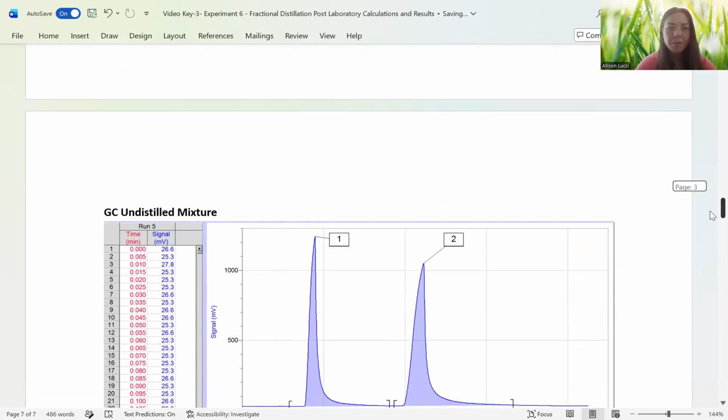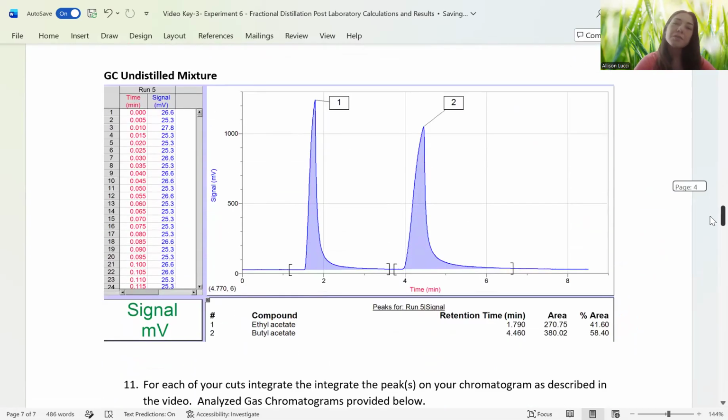Now we have our undistilled mixture. We have a known 1-to-1 molar ratio. This is the 1 milliliter that was left that we did not distill, did not subject to our fractional distillation. Notice the percent areas that were returned. Again, we have component 1 that hit our detector first, right? It passed through our GC first. So we assume that to be ethyl acetate, as they're named below here.